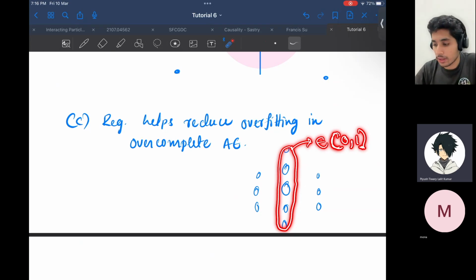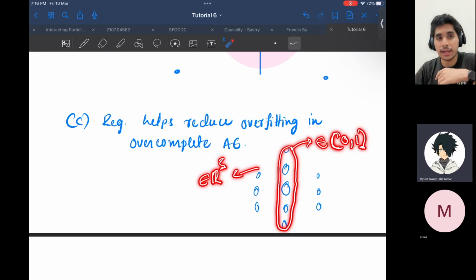Now you have constrained your network. If your original data belonged to the real line, let's say R3, it could take any value, let's say -5, -100, -200, +200. Now you are saying that my representation should only contain values between 0 and 1.